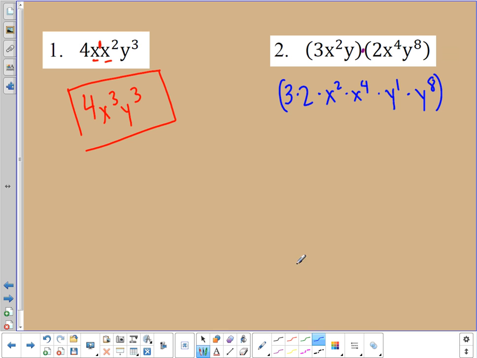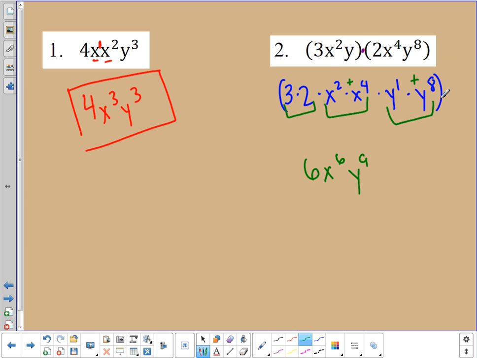Okay, so I put my like terms together. So this is a group, and this is a group. Those have to all be combined. 3 times 2 gives me 6. X to the second times x to the fourth, add those powers together, that's x to the sixth. And y to the first times y to the eighth, add those powers together, that's y to the ninth.